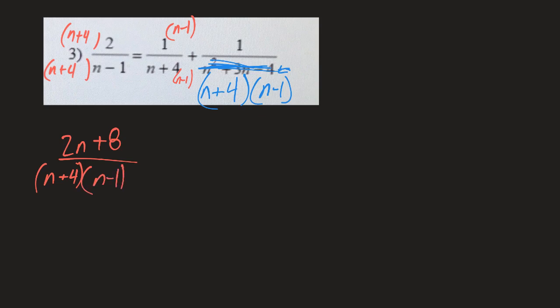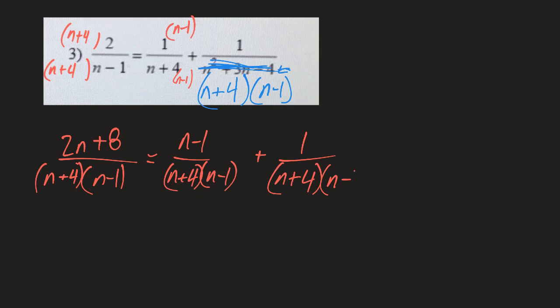Over here, we multiplied by n minus 1. That was the piece we were missing. (n minus 1) over (n plus 4)(n minus 1). And the last one was already the same, 1 over (n plus 4)(n minus 1).